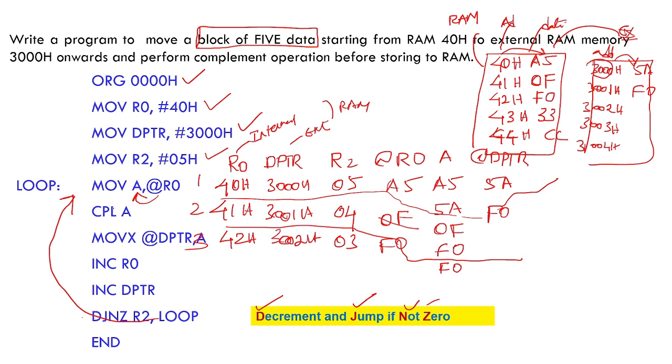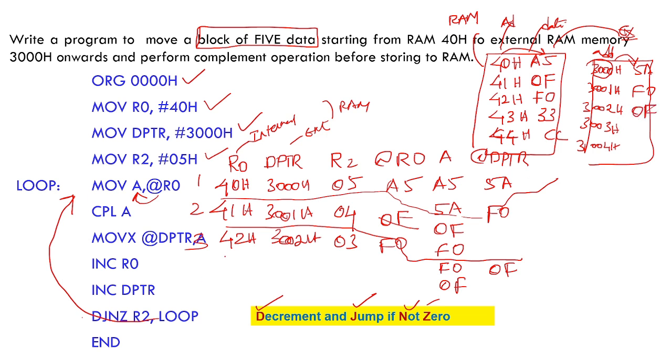If you take a complement, where do you need to save it? In the same accumulator, right? So you will get 0F, right? Now after this, the content of the accumulator has to be shared to the external RAM location, that is @DPTR. What is the current memory location? 3002. So that means you have data 0F. Okay, now you can update here also, so 0F.